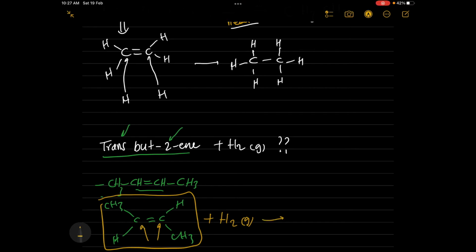So the product in the presence of nickel or platinum and heat will be, if you add hydrogen to the first carbon, then it will be CH2CH3, okay, and we're going to have CH2CH3. Then the product in this case is butane, CH3CH2CH2CH3.